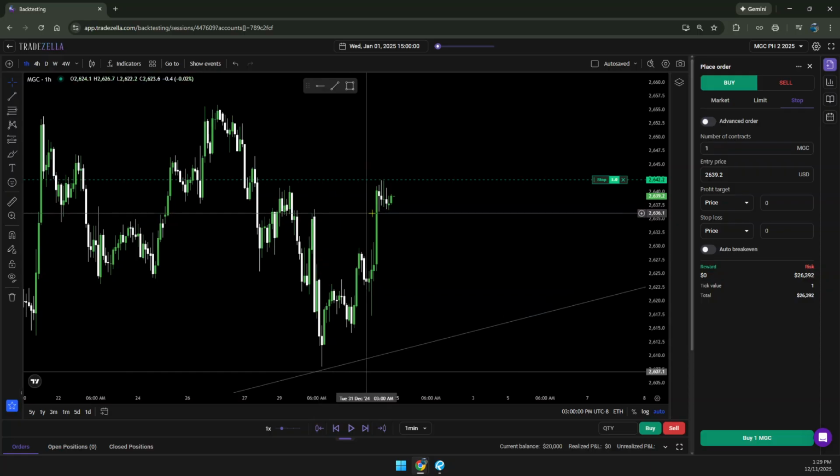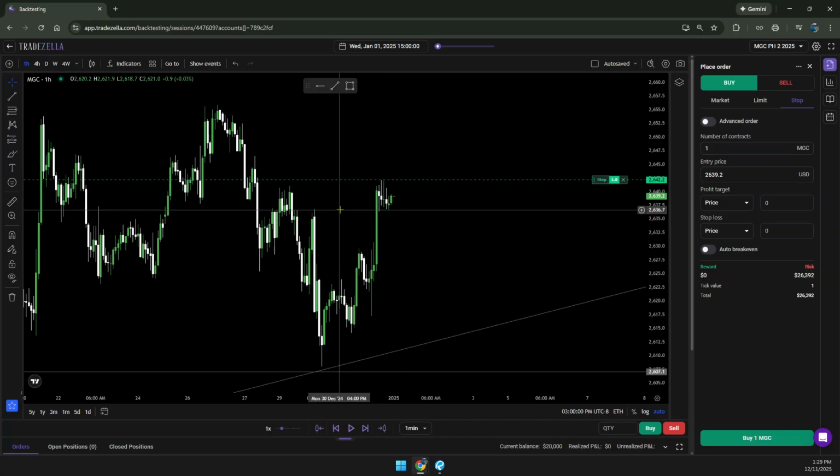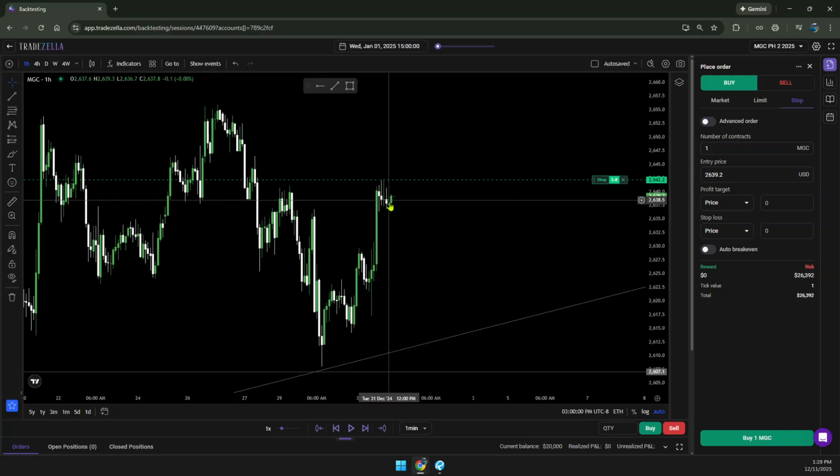You can see that it broke it. It came up and came back down to it, and it's trying to work its way back up. Whether it gets up there or not, I don't know. But it becomes an area of resistance, and so I want to get past the resistance. Had I got in at the top of this candle, I'd still be good and safe with my stop down here.